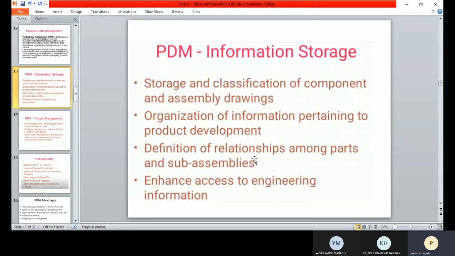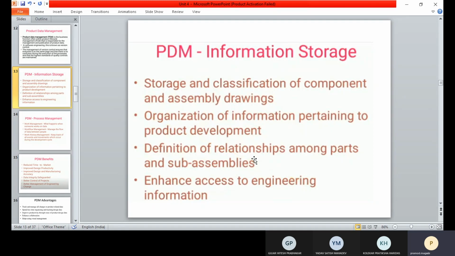After that, PDM is related to information storage. Many stages are there for the development of each product. Now the basic stage is information storage. Before that, PDM should know what the requirements are for the development of the particular product, whether it is raw material, tooling, machineries or processes, and they need to find out these requirements. After that, they can store the information, whichever be the required data and available data.